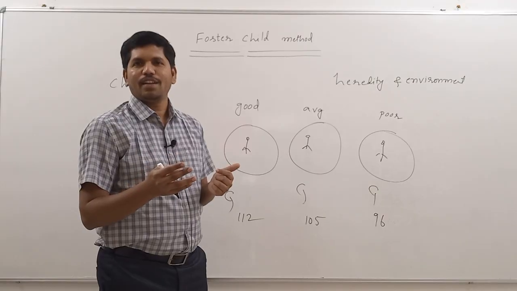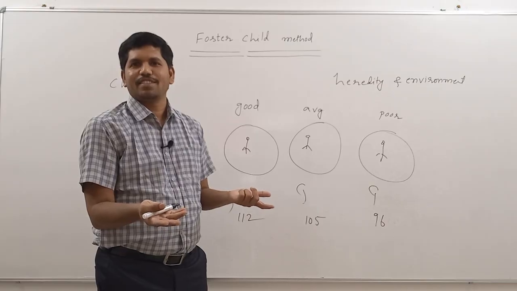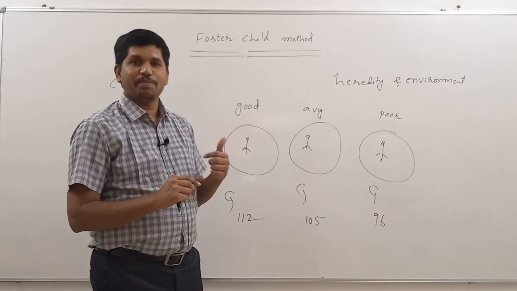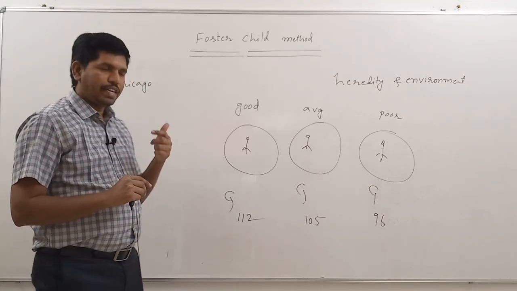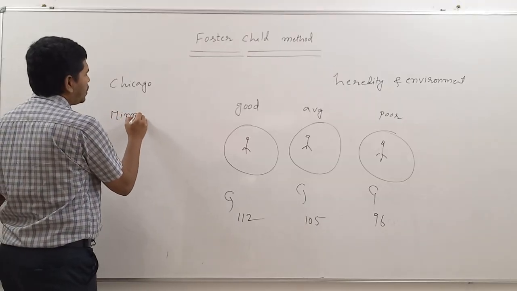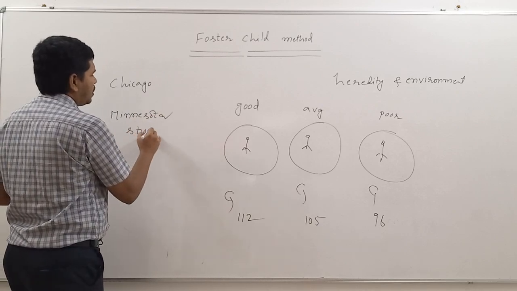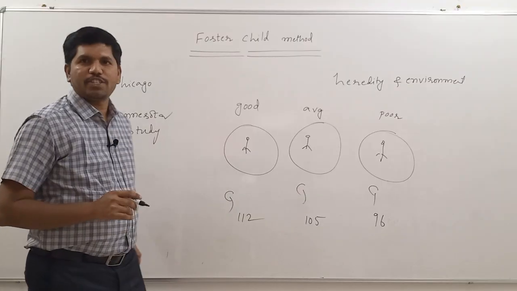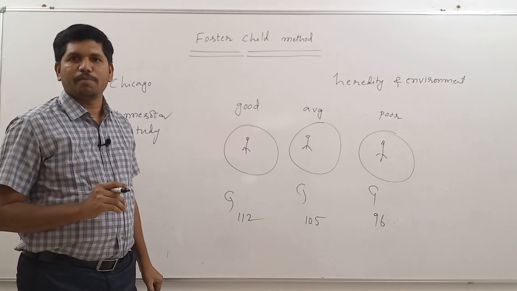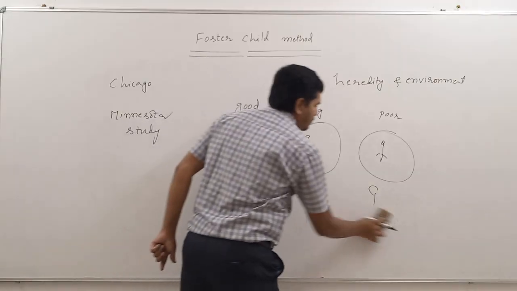But can you tell whether a particular character is because of genes or not? No. That's why this method was improvised in another research study that is popularly known as the Minnesota study. In Minnesota University, they conducted one study to separate the respective influence of heredity and environment. Let us see how they conducted the study.